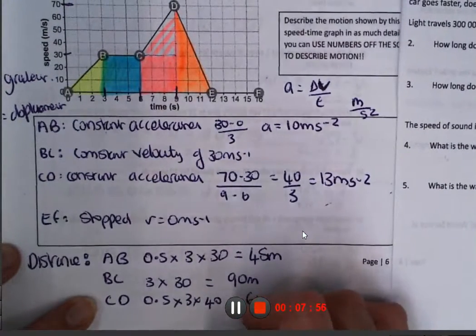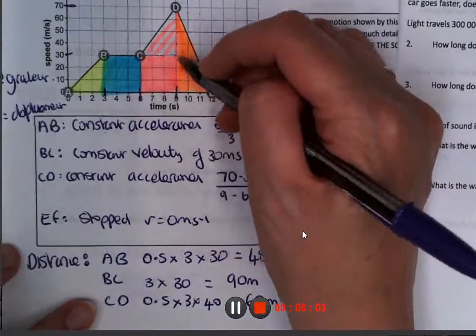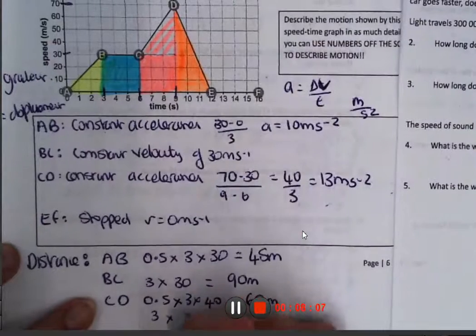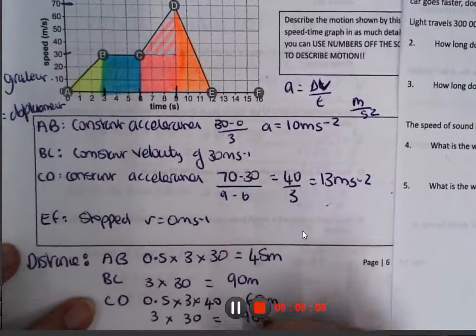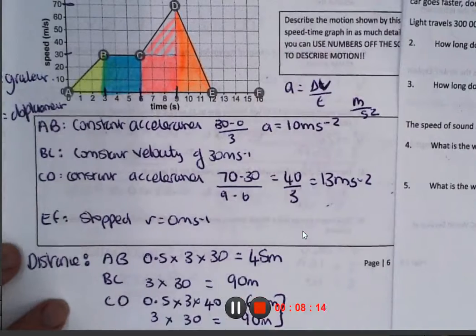And that equals 60 metres. And then I've got my square here, so that's 3 times 30, which gives me my 90 metres. So those two go together. That's for C to D, okay?